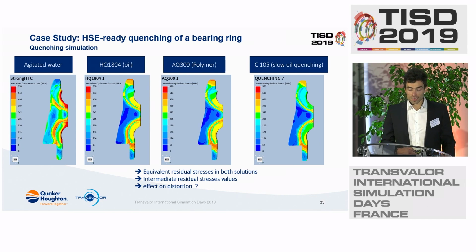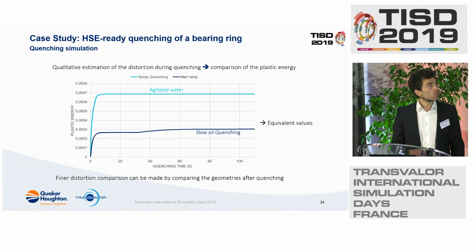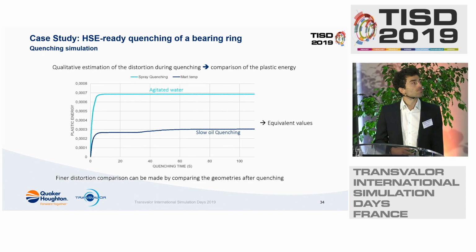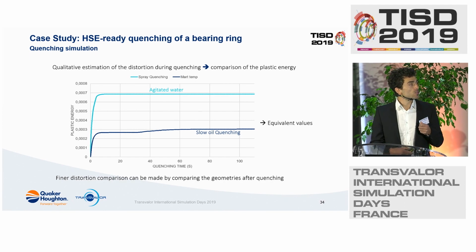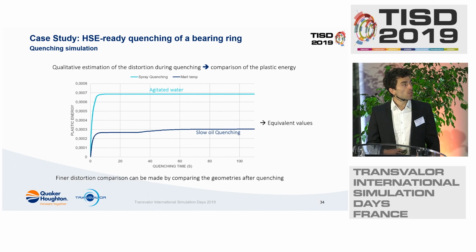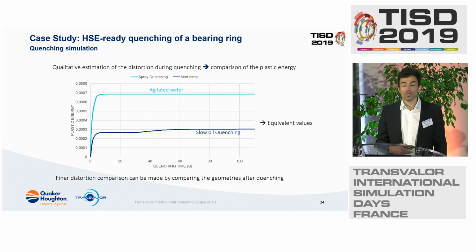So the last aspect that we will treat qualitatively is the distortion. To treat it qualitatively, I decided to compare between the different solutions the plastic energy. And as you can see, the minimum and the maximum of the plastic energy is determined by the 2 extreme quenchants, so the slow speed oil and the agitated water.